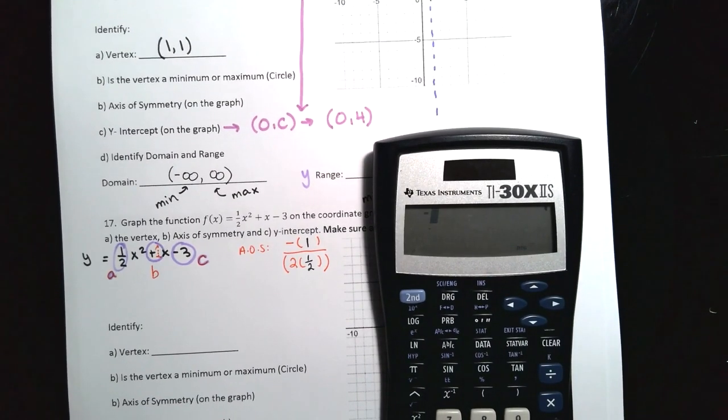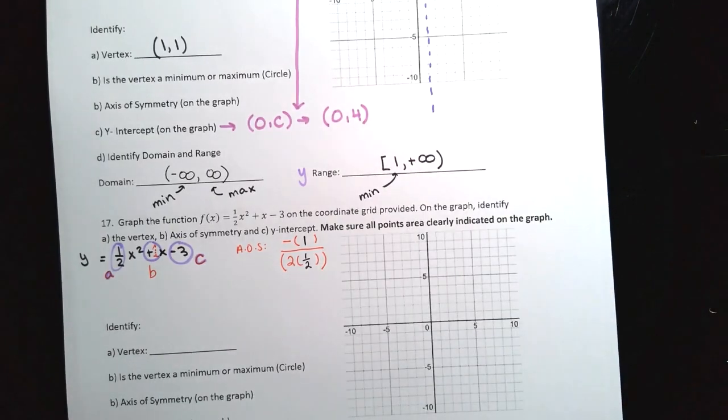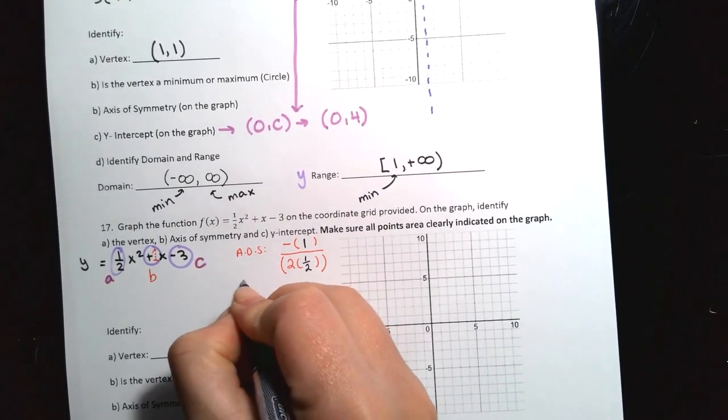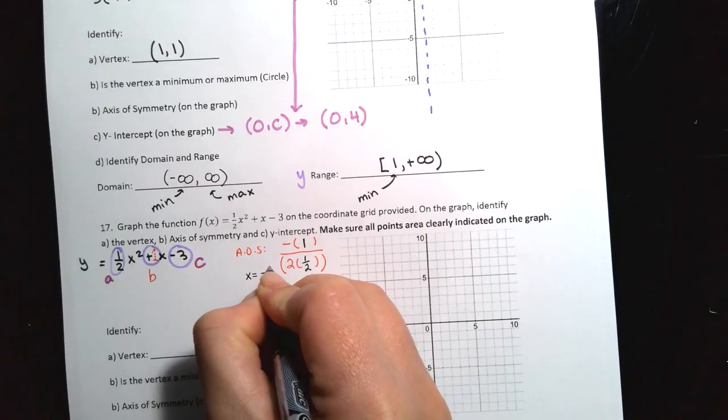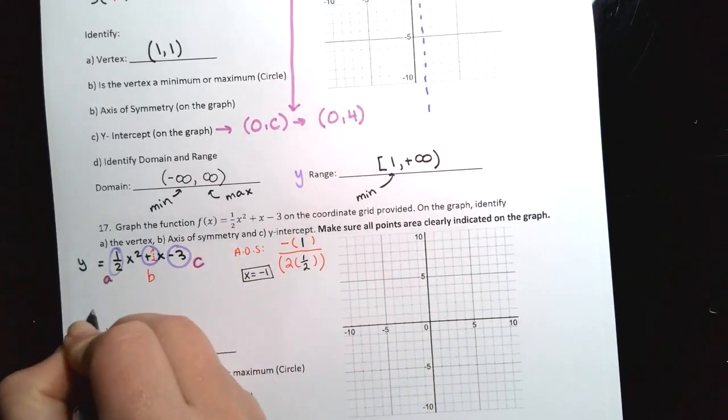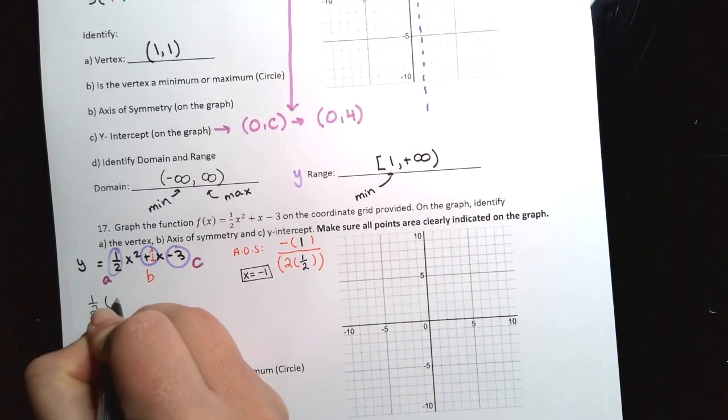How to type this in? Negative down at the bottom, open, 1, close, divided by, open, 2, open 1/2, close it, enter, and I get a negative 1 here. Remember, axis of symmetry is an equation of a line, so we get x is negative 1. I'm going to copy this equation down one more time, open up for x.